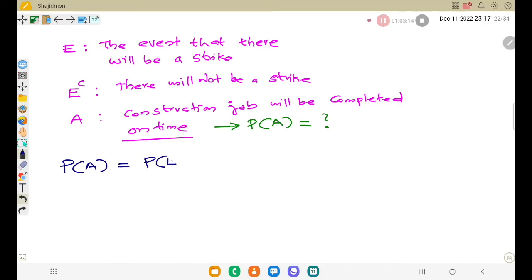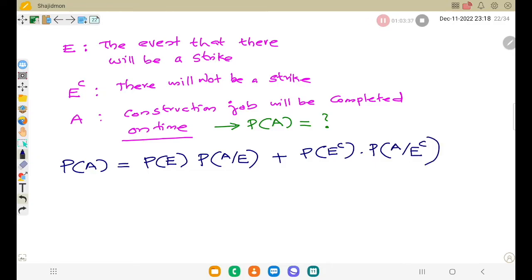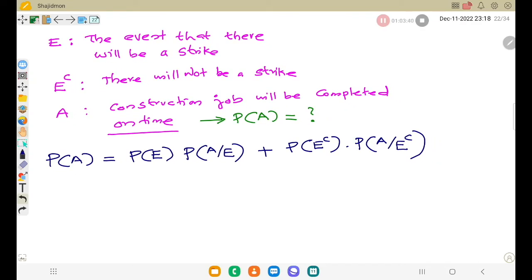First probability of the first partition E, multiply probability of A given E, plus probability of the second partition, that is E complement. In the rule we took E1 and E2, but here E and E complement. So probability of E complement multiply probability of A given E complement, correct? This is the rule for finding total probability of two events, two partitions.